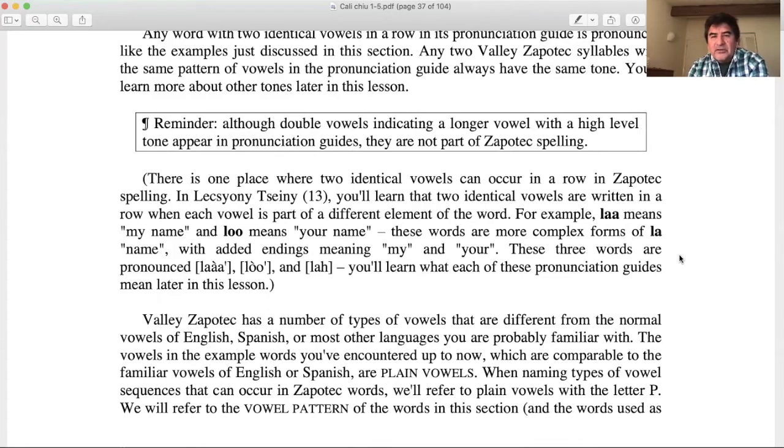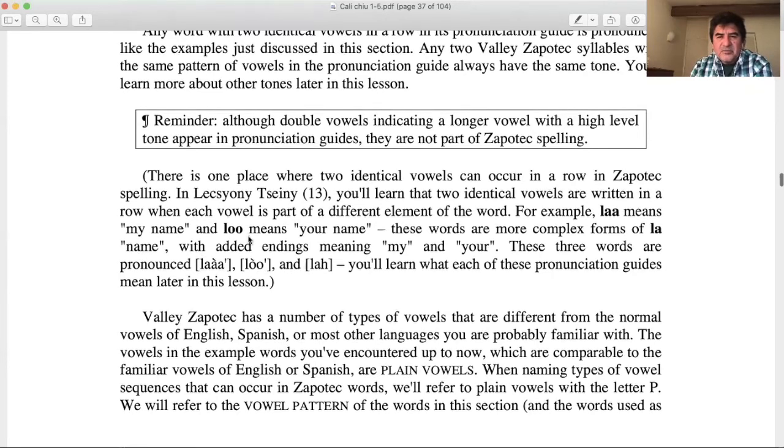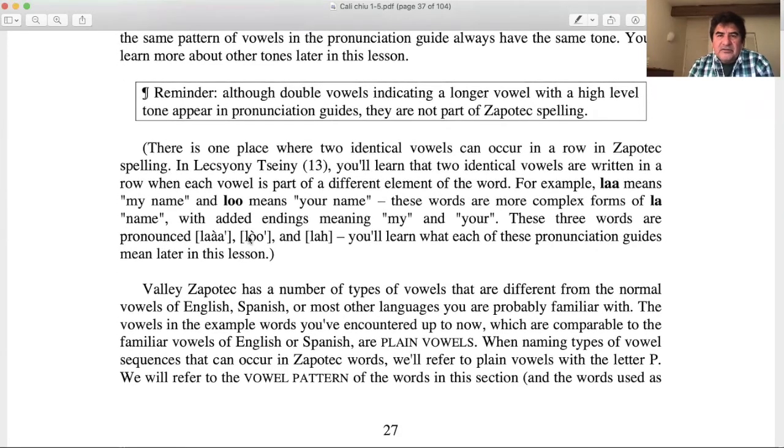That would be pronounced like la. And then the next word, which means your name, lo. Just keep in mind that in the orthography, if you see two A's, it is a more complex word that you will learn later.